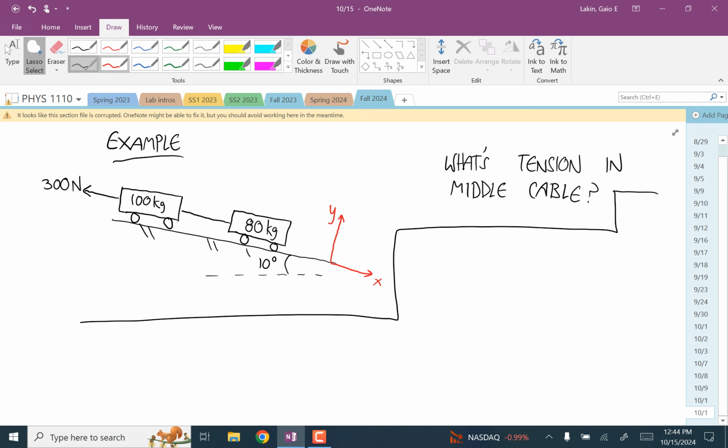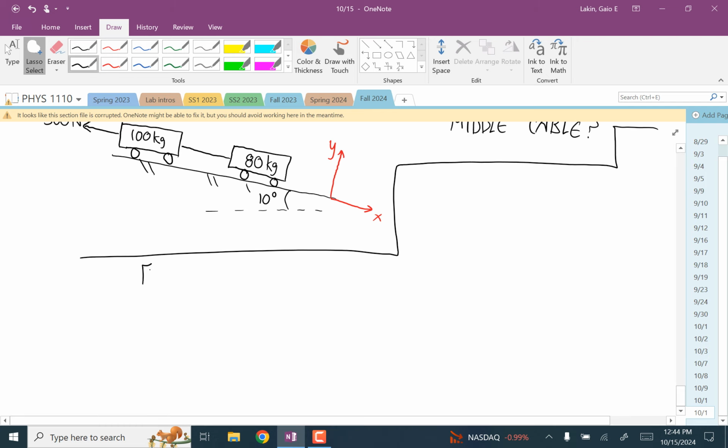Both, exactly. So for the free body diagram, we're going to do the whole system. I'm going to put a little more effort than is necessary here into making it clear what this is.